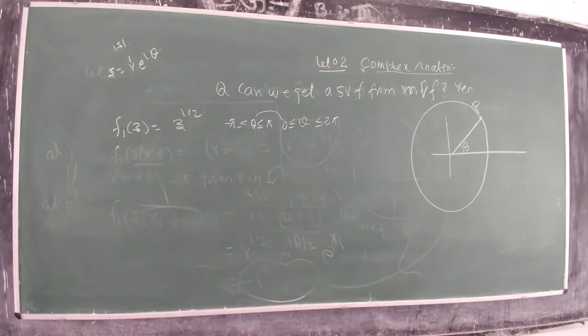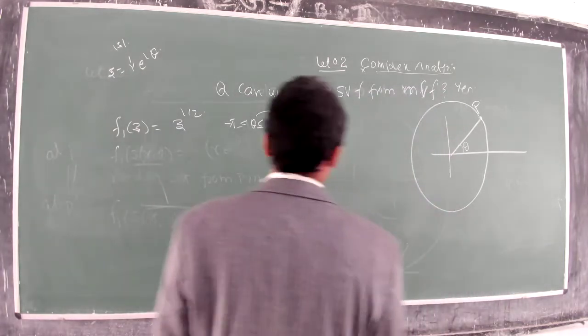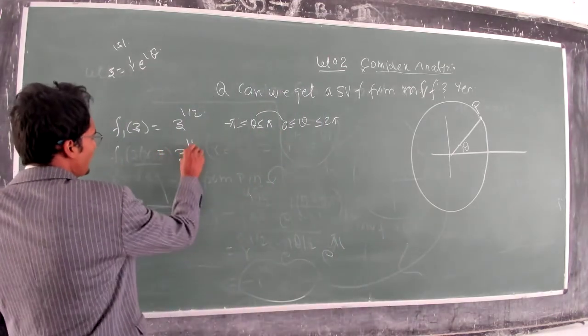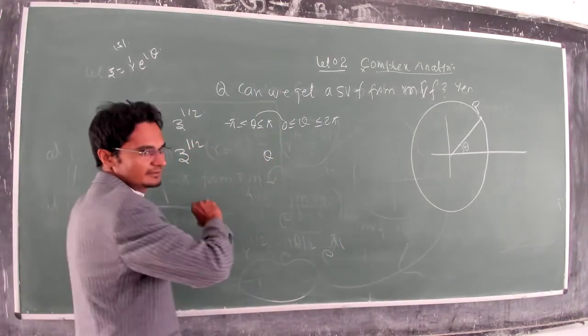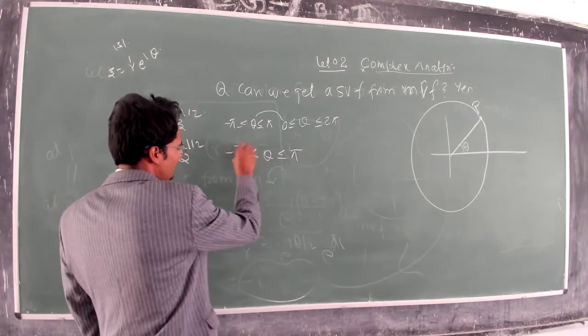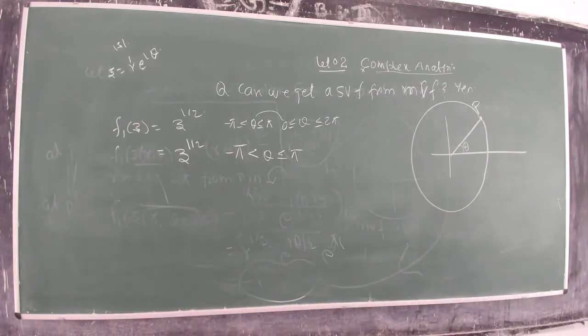That's why you are getting pi i, that's why the minus sign is coming. So what we are interested in is, if I can impose, z power 1 by 2, if I say theta less than or equal to pi and greater than minus pi, this is what we have given, right?